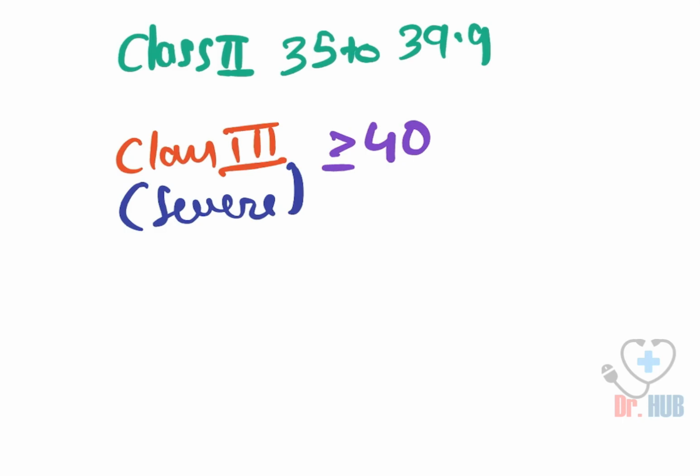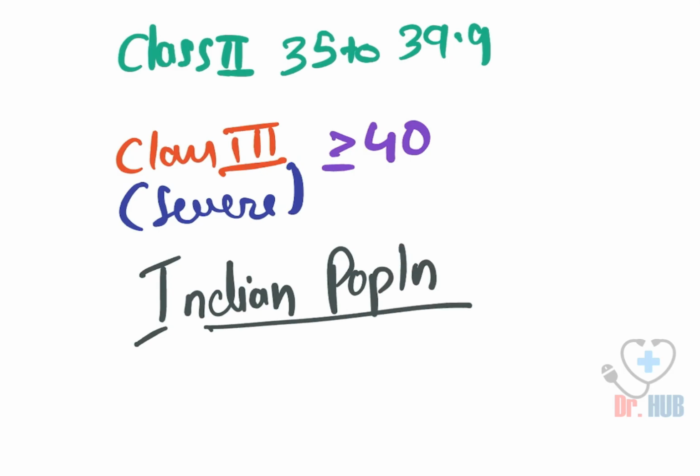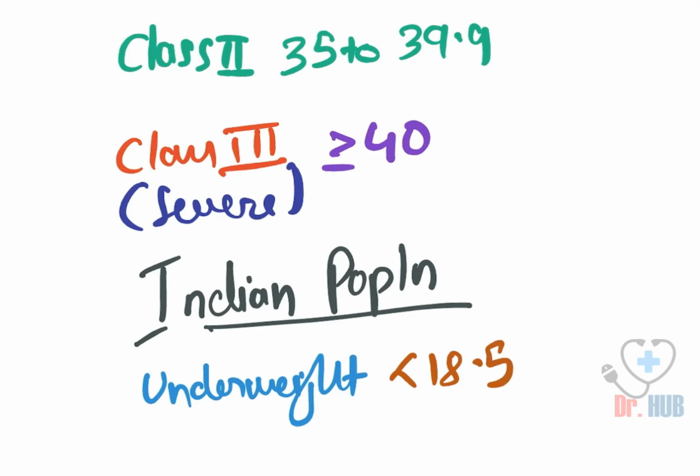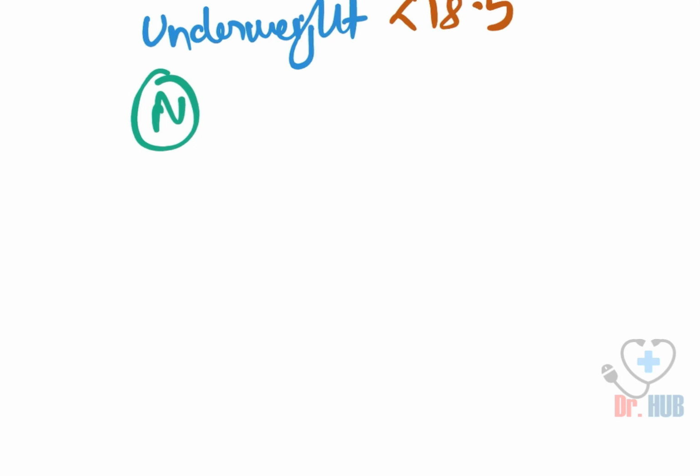Now we will look at the Indian population. In the Indian population, underweight is less than 18.5. Then we look at normal, which is 18.5 to 22.9. So what is overweight?